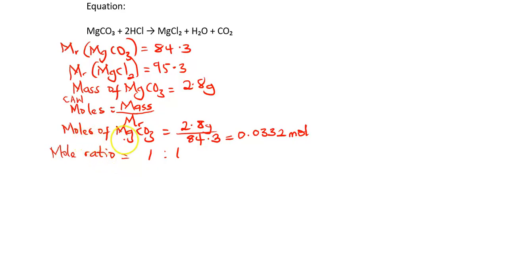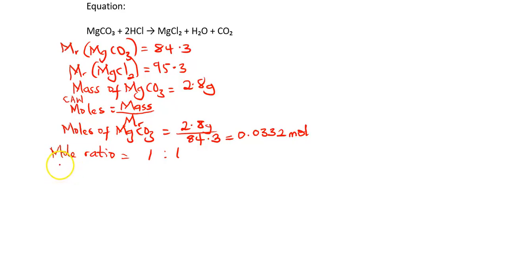So, if the number of moles of magnesium carbonate is 0.0332 moles, like we have here, then the number of moles of magnesium chloride will also be 0.0332. So, we've succeeded in applying ratios.